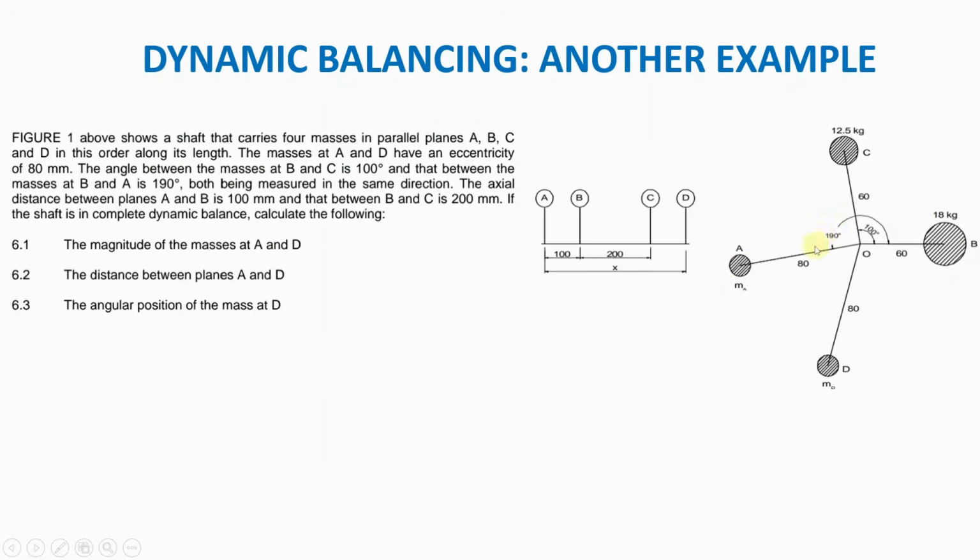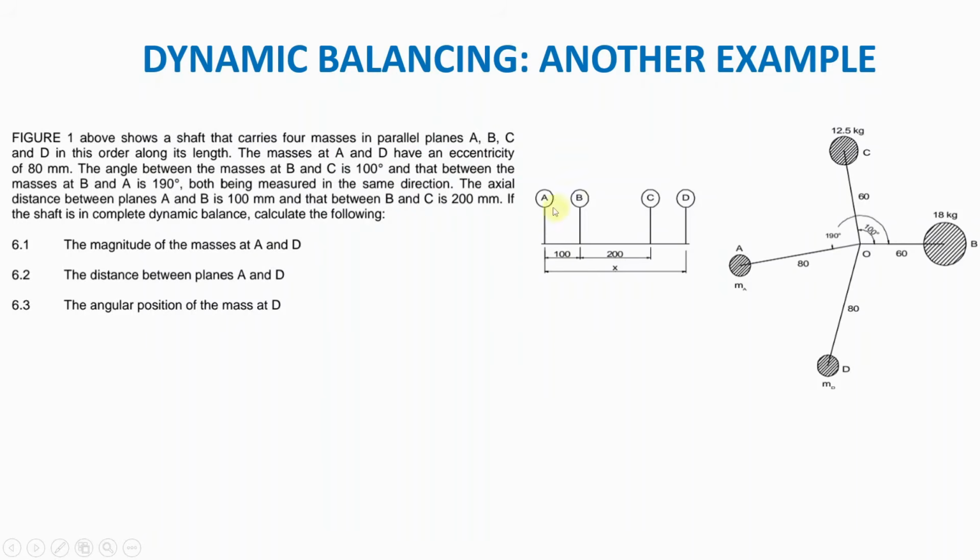Very important to understand the question. And they are both measured in the same direction. In this case, they are measured anti-clockwise as the picture shows. You measure them anti-clockwise like that. All right, so now the actual distance between planes A and B is 100 millimeters.